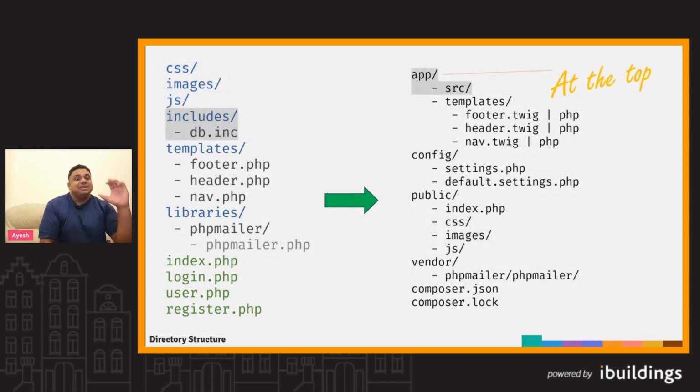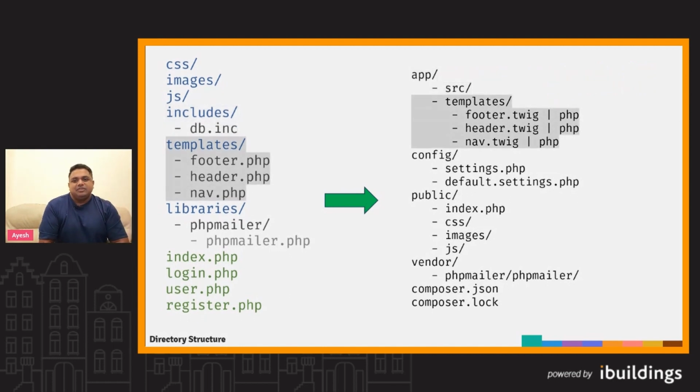And all the application-specific files, we will put in a folder called app/src. Now, this is highly opinionated. It's just my personal opinion, but I like to use the name app because it comes to the top of a list, and this is where you will be working most of the time. So it kind of makes sense to put it all the way up.